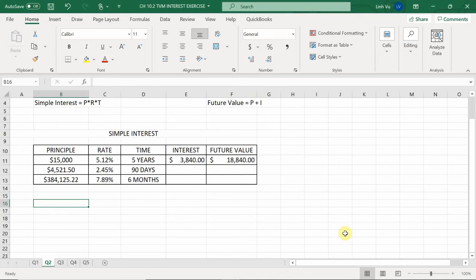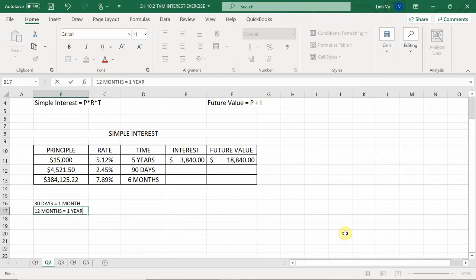If you guys remember, if 30 days is equal to 1 month, and 12 months is equal to 1 year, let's do the calculation here.